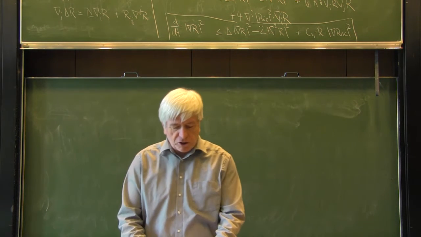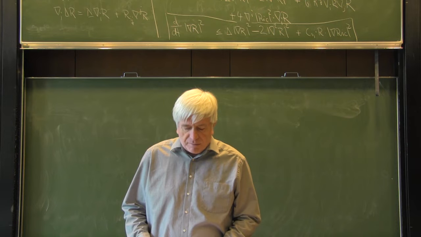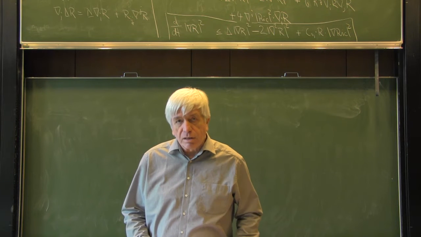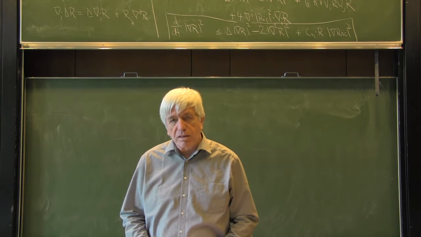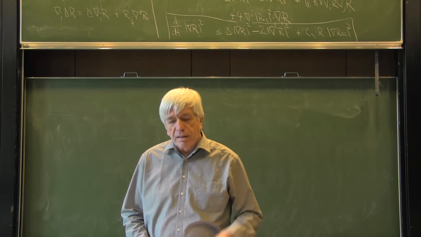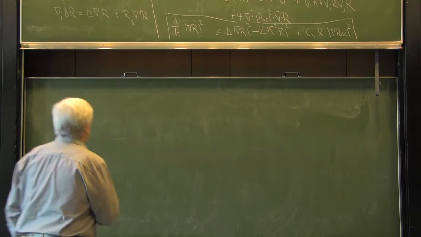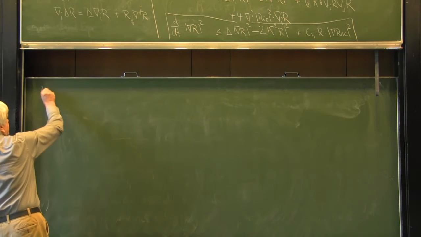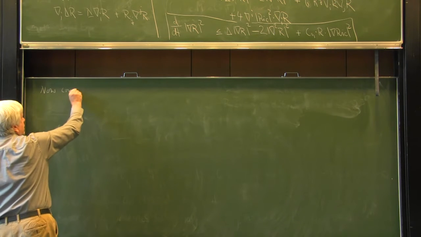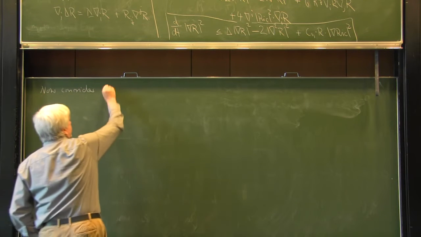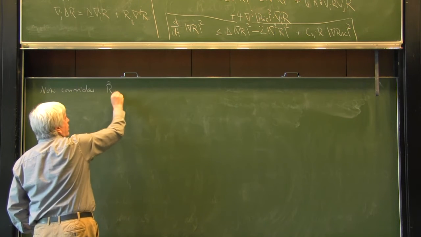And what kind of curvature term should we use? Well, the idea is to create a suitable Bochner term from the trace-free part of the Ricci tensor. So now consider the trace-free Ricci tensor.